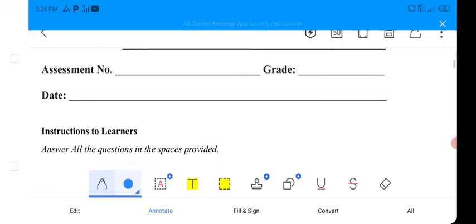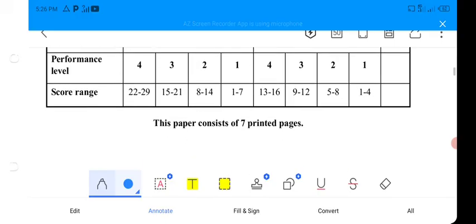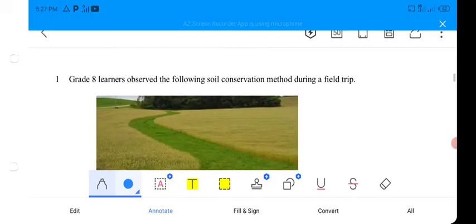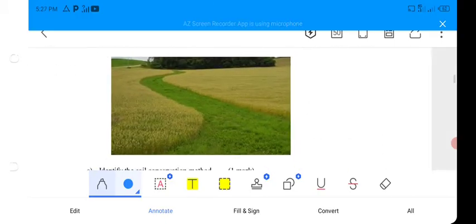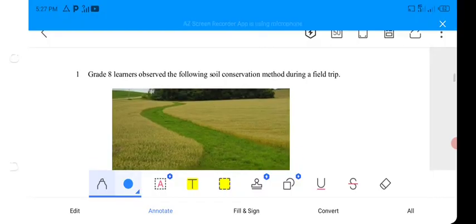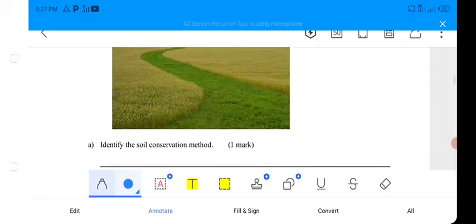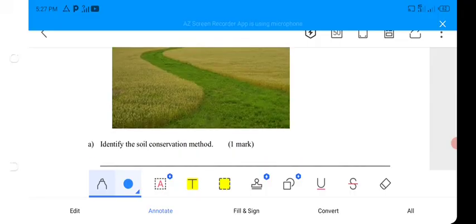So the first question is a photograph, and it says grade 8 learners observe the following soil conservation method during a field trip. Identify the soil conservation method below.